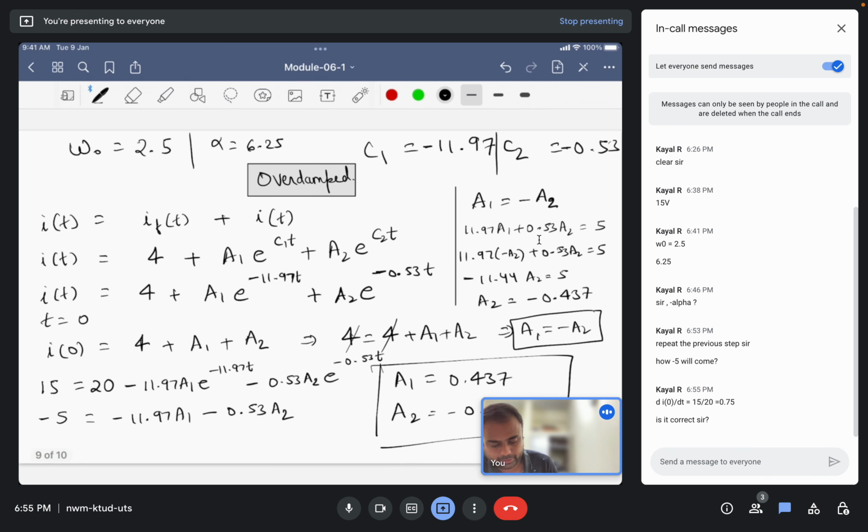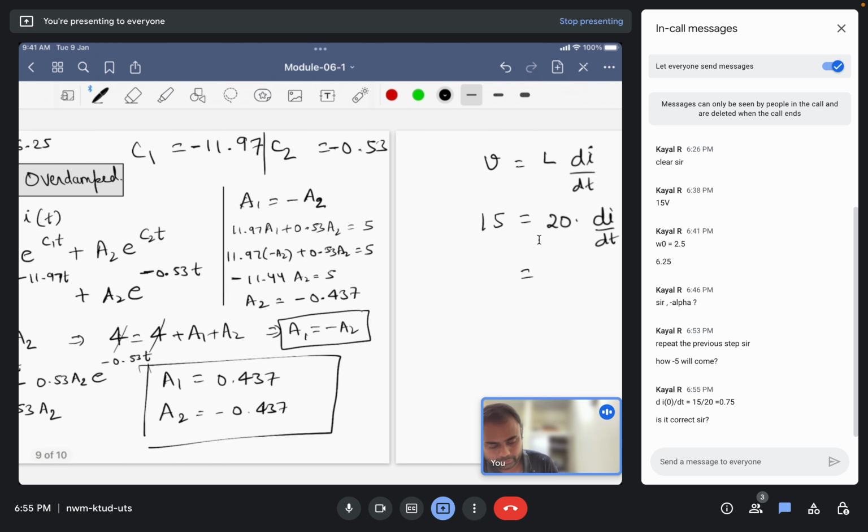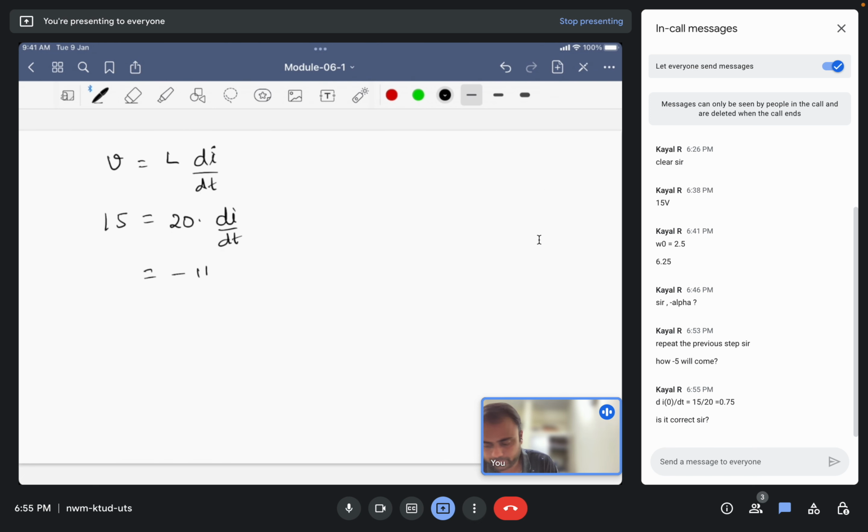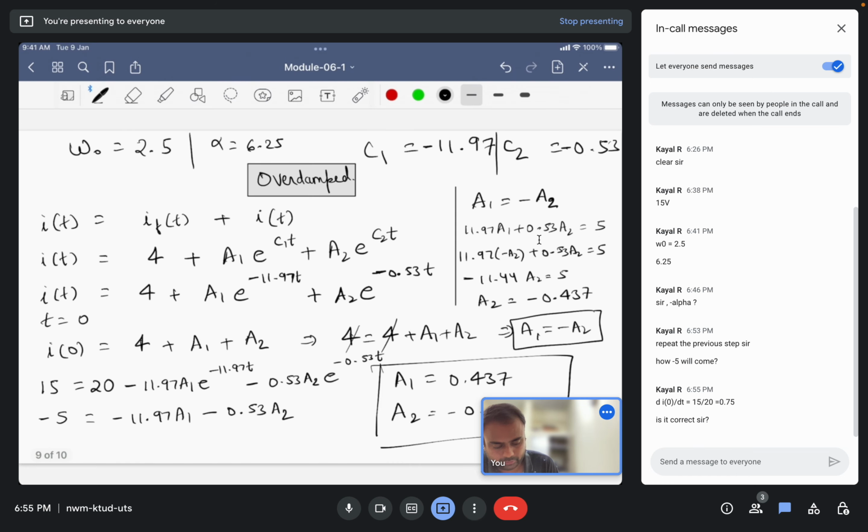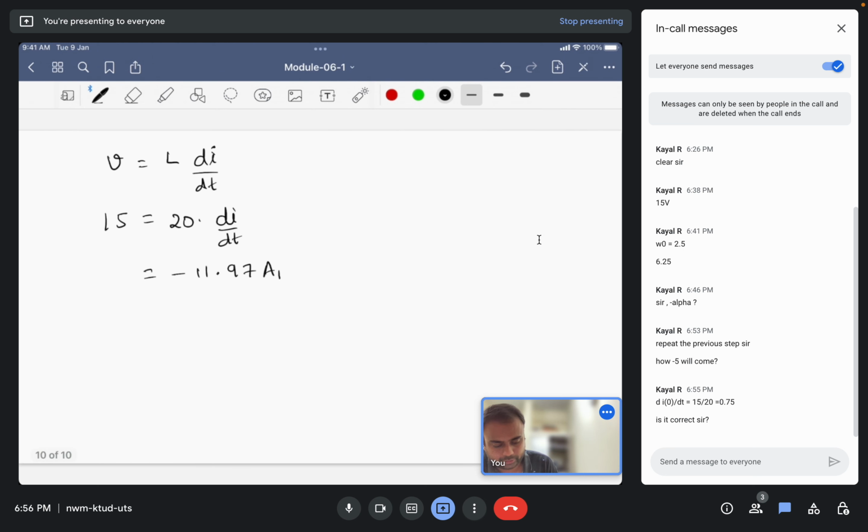So in di by dt, the forced term will be 0, and this will become minus 11.97 into A1. The exponential part will be gone because we are calculating at time t equal to 0, and the second term will be minus 0.53 A2.